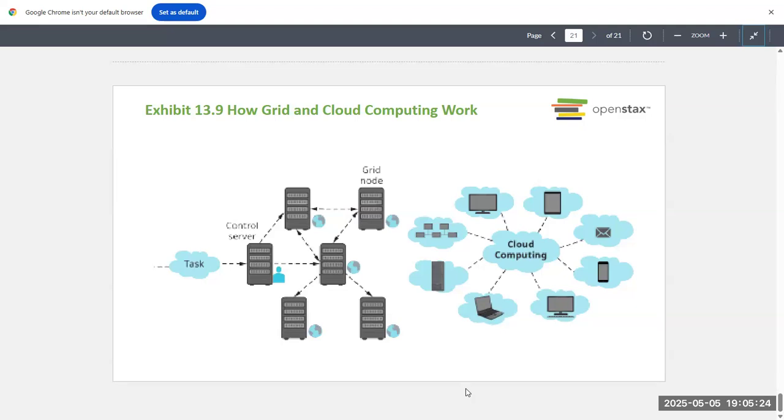Instead of breaking down a single task across multiple nodes, it provides a network of on-demand resources, including computing power, storage, and various services. This is very helpful in that you're able to access your Google Doc from anywhere on any device, right? You don't have to be on your device, whereas in the other sense, it has to be on one thing.